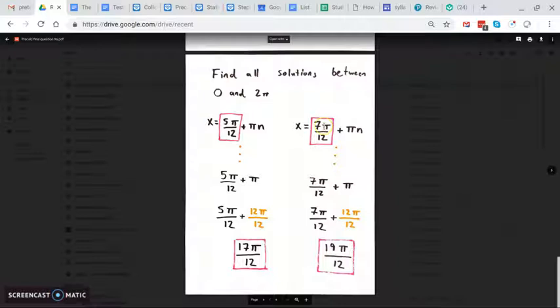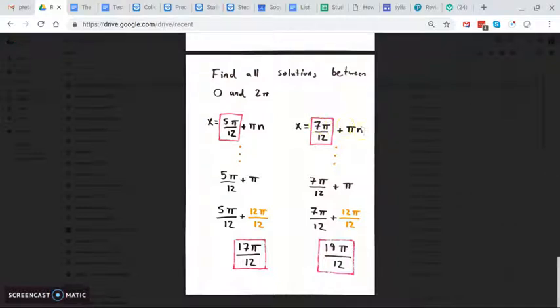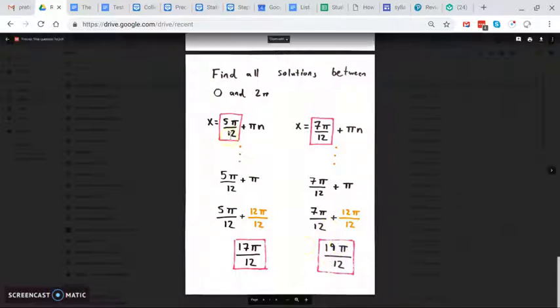Same thing with this set of solutions. If n is equal to 0, then I have one solution at 7 pi over 12. But if I rotate a half circle, if I add pi to it, then I've got 19 pi over 12. So I've really got 4 solutions here: 5 pi over 12, 7 pi over 12, 17 pi over 12, and 19 pi over 12.